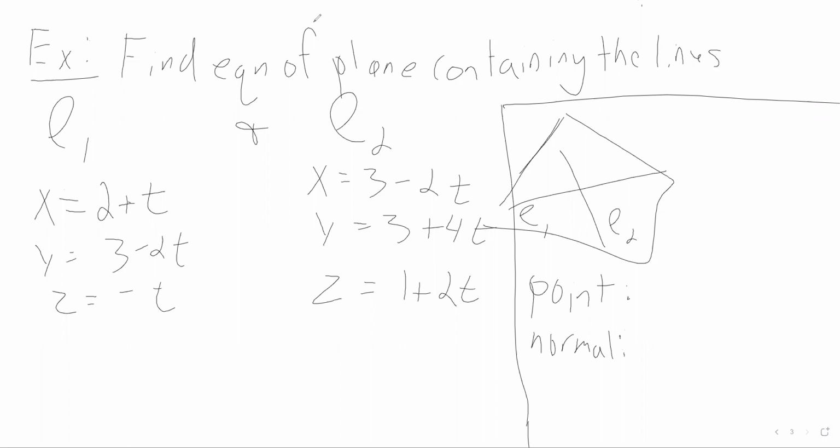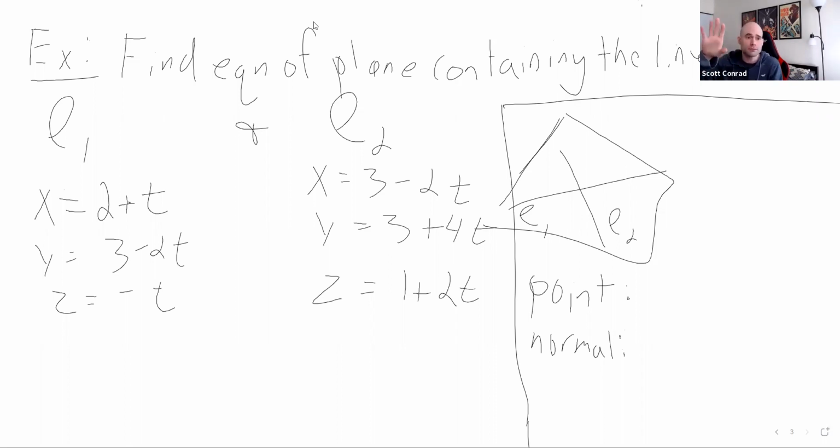Should we set the lines equal to each other by components? You could, but that's more work than you need to do, right? Because if the lines intersect, that gives you a specific point which lies on both lines. But you could just pick any point on either line, so you could just plug in some value of t into one of the equations.